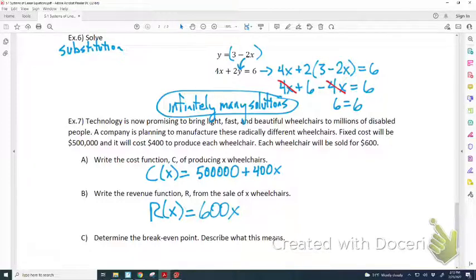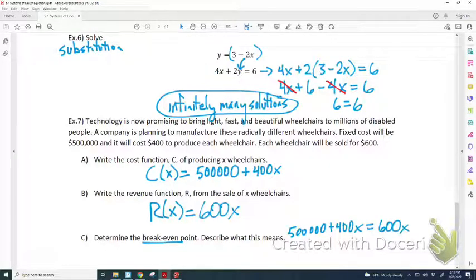The break-even point, this is where I pay back all of my debt. So how many wheelchairs I need to sell to come out at 0. Unfortunately, I will not have made any money at that point. I'll just be out of debt. So to do this, the break-even point, just set them equal to each other. Let's say 500,000 equals 600x.